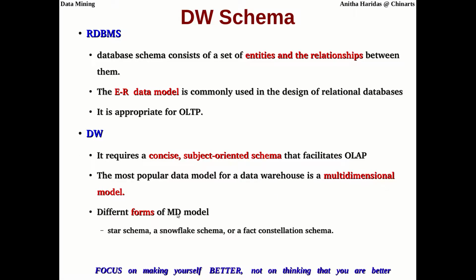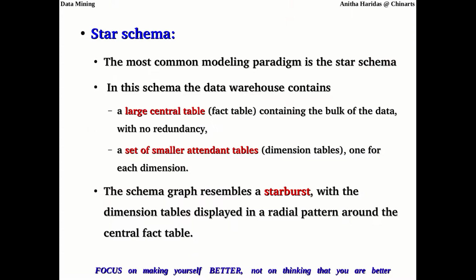And for multidimensional data model, we have very different forms: the star schema, snowflake schema, and a fact constellation or galaxy schema. So these are the three popular forms of multi-dimensional data model, or we can say these are the three popular schemas that are used in the multi-dimensional data model. Let us see what is star schema.